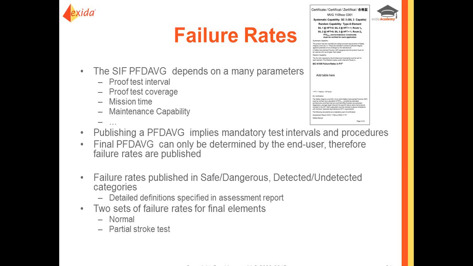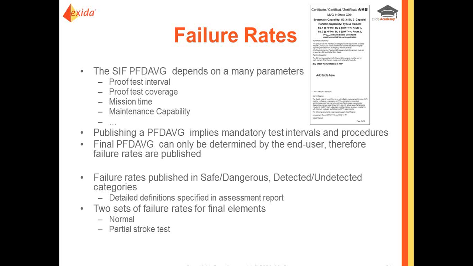On the back of the certificate, we show a table that publishes safe detected, safe undetected, dangerous detected, and dangerous undetected failure rates. Details of these definitions are supplied in the assessment report.